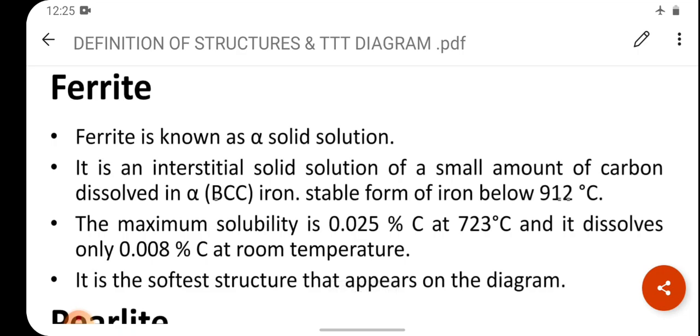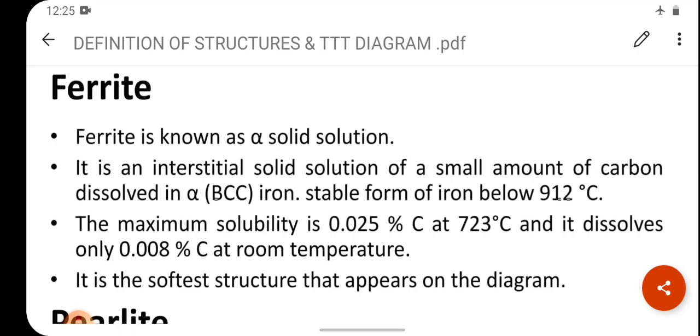Ferrite is known as a solid solution. It is an interstitial solid solution of a small amount of carbon dissolved in BCC iron. BCC, body centered cubic, already explained. It is a stable form of iron below 912 degrees Celsius.